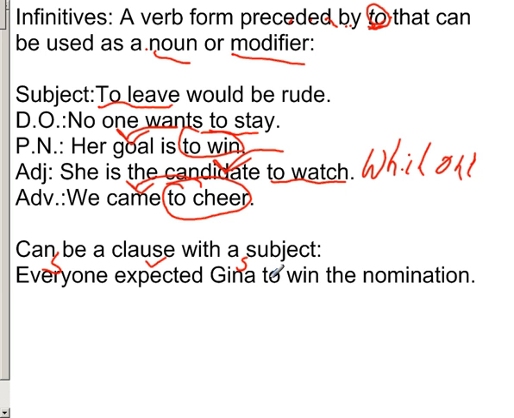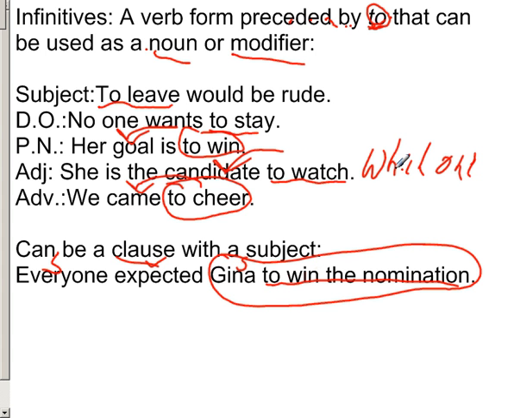"Gina to win the nomination" is an infinitive phrase here. So it becomes a clause since it has a subject and a verb, but yet it can't stand on its own. So it's a subordinate clause.